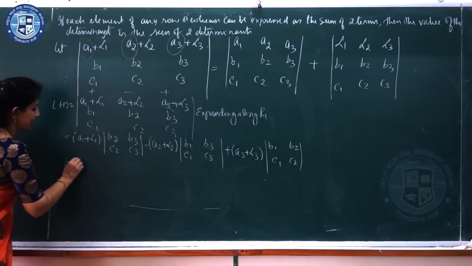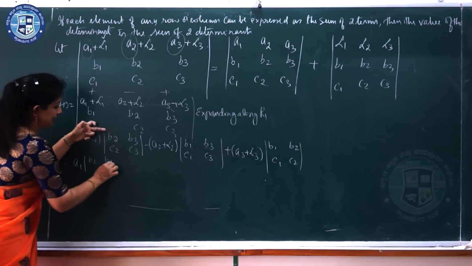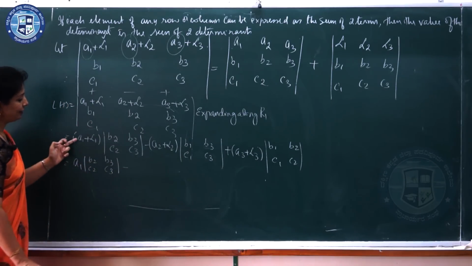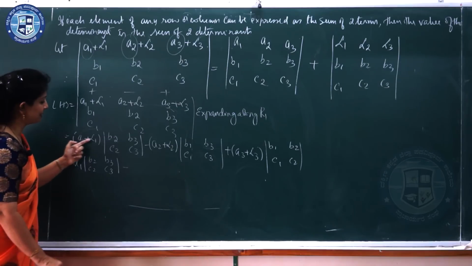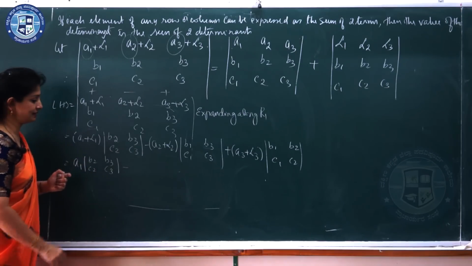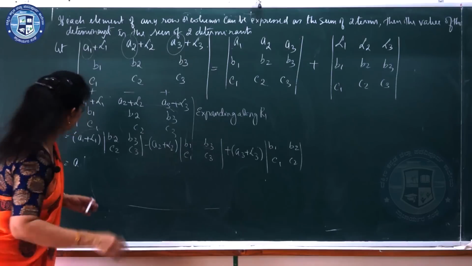So we will split this as A1 into B2, B3, C2, C3, or you can even expand this. First A1 is multiplied to this determinant, plus alpha 1 is multiplied to this determinant, or you can write it in terms, expanding.